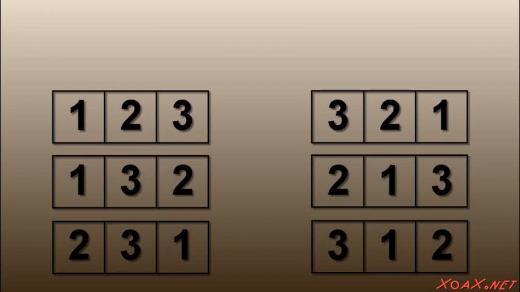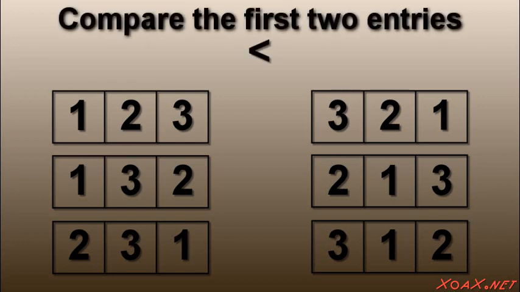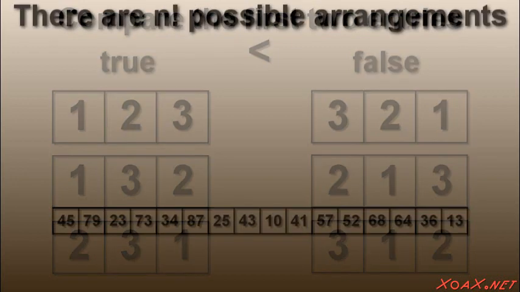For example, there are 6 possible permutations of 3 elements. If we compare the first 2 elements in a set of 3 with the less than operator, we will either eliminate the 3 possibilities on the left or the 3 on the right. Eventually, we will narrow the possible permutations down to 1. That is the equivalent of sorting the array.